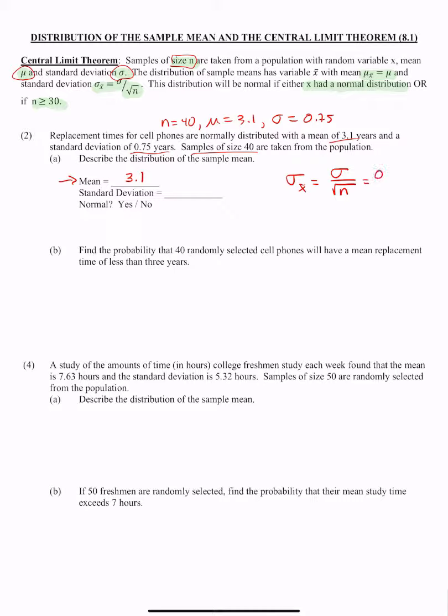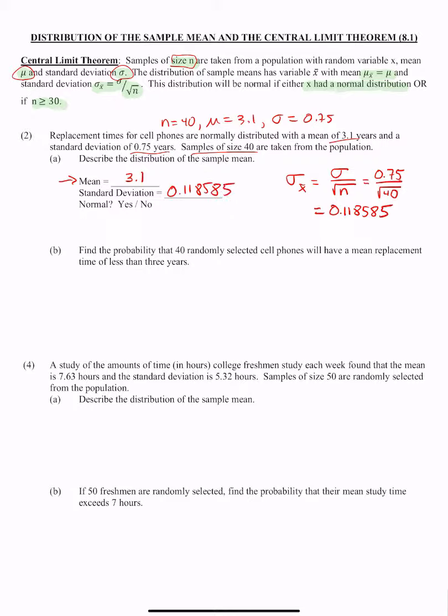So that would be equal to 0.75 divided by the square root of the sample size, which was 40. And so that is equal to 0.118585. All right, so I'm carrying a lot of decimals there just in case I need them. I'm going to write 0.118585 over here.